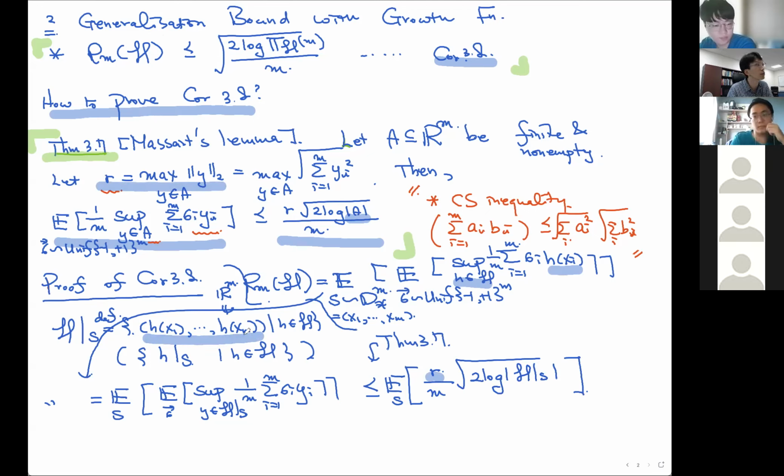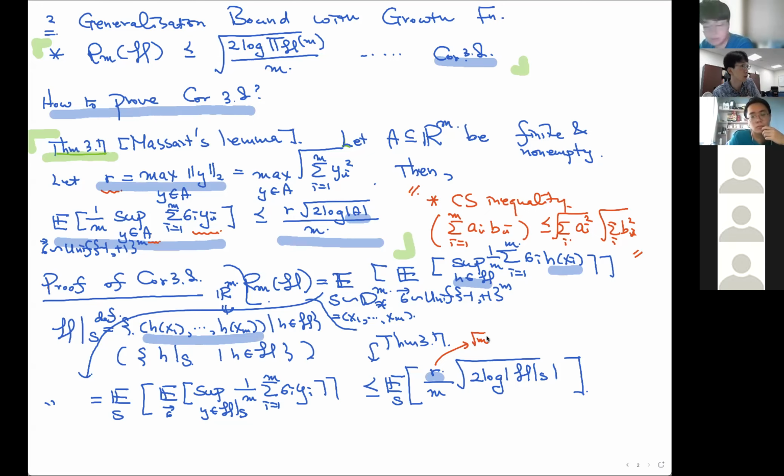Each component is either +1 or -1. So if you square each component, it's always 1. And so each norm is going to be exactly the square root of m. So in our context, this R will become square root of m.